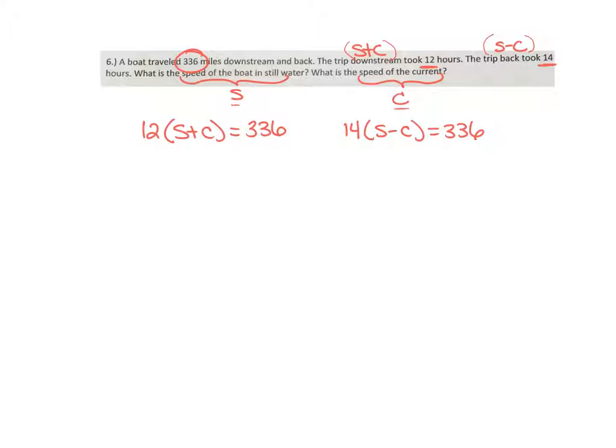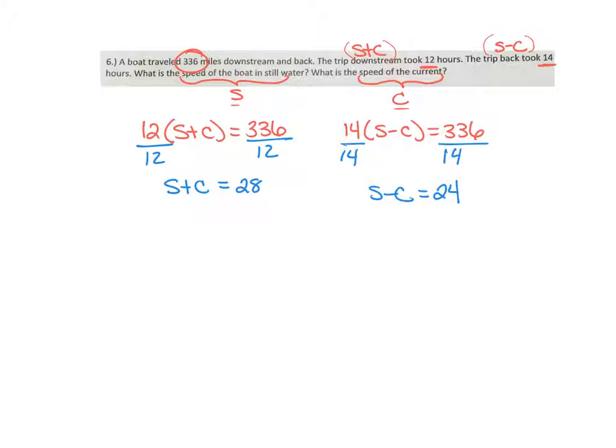So we're going to divide this first one by its coefficient, and we would get S plus C equals 28. The second one, we've got to divide by 14. And we would get S minus C equals 24.